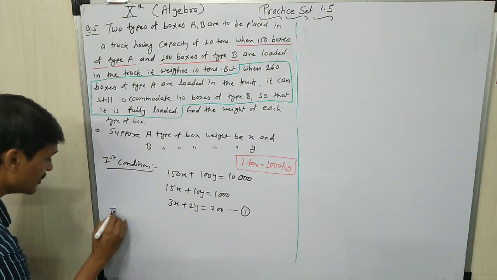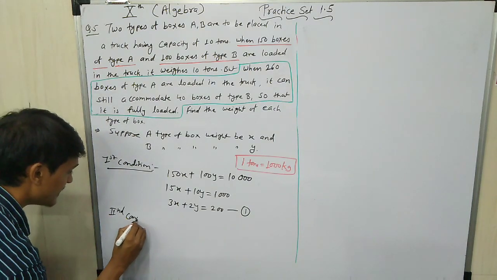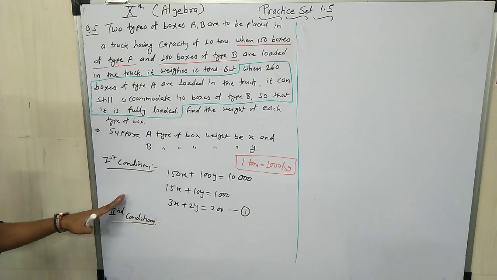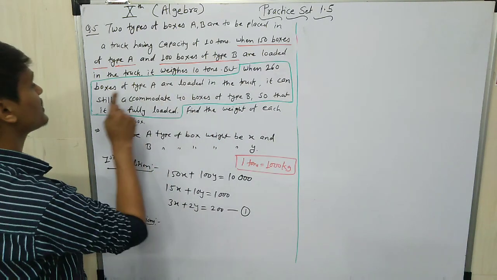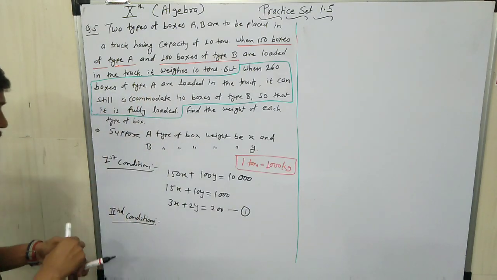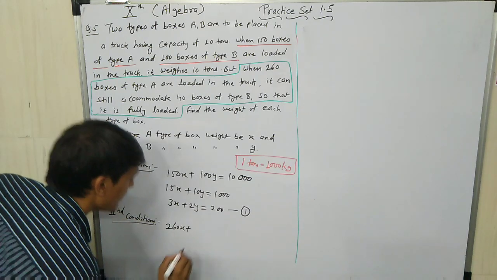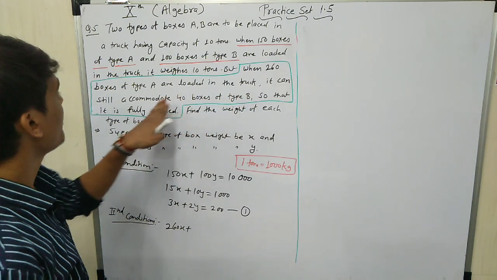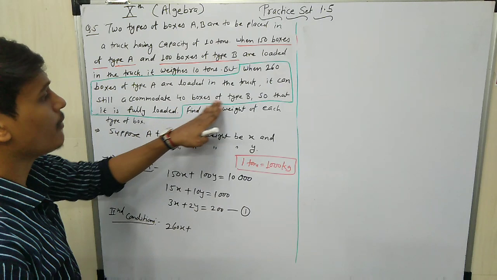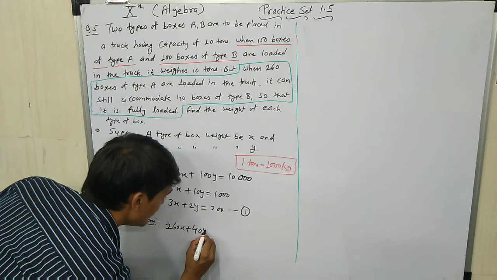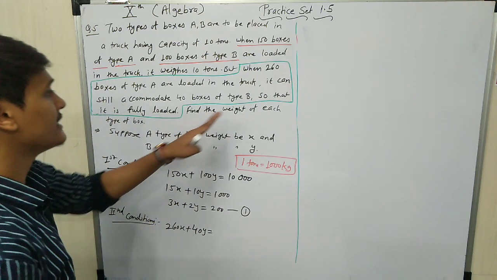Now the second condition. What is the second condition? When 260 boxes of type A and 40 boxes of B are loaded, it is equal to what?